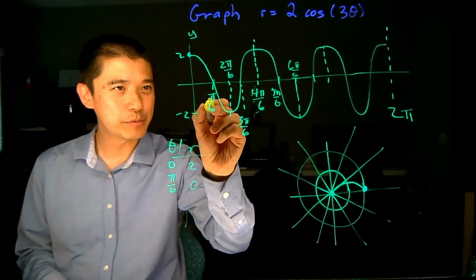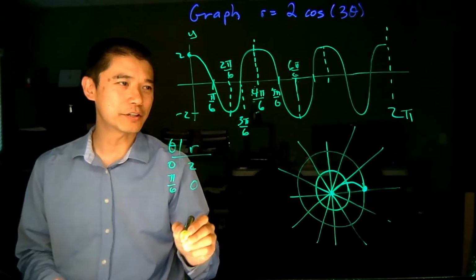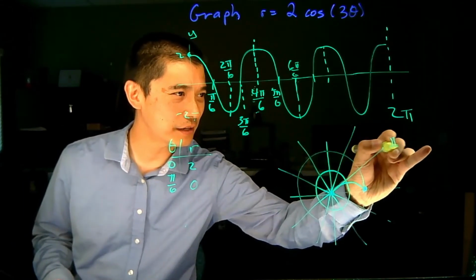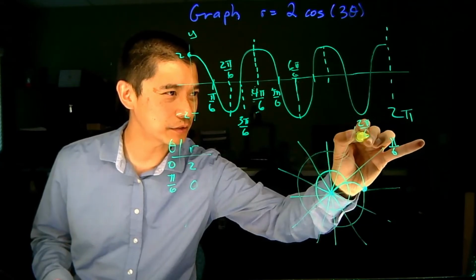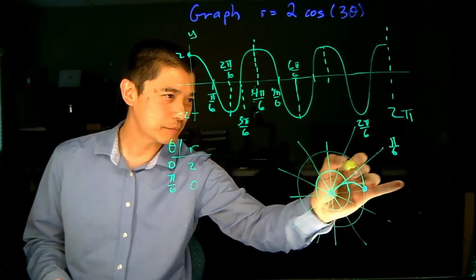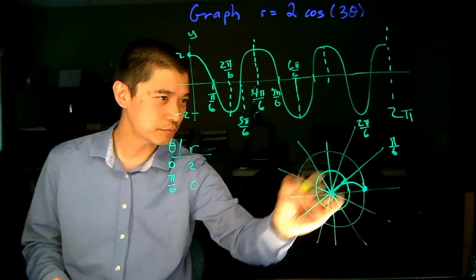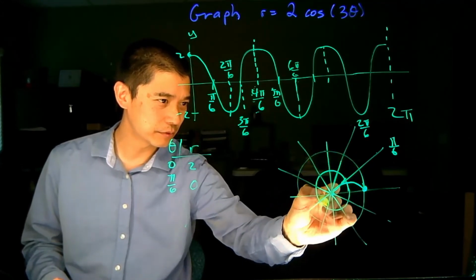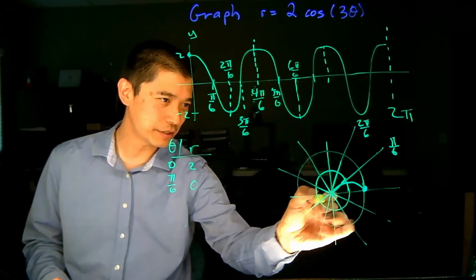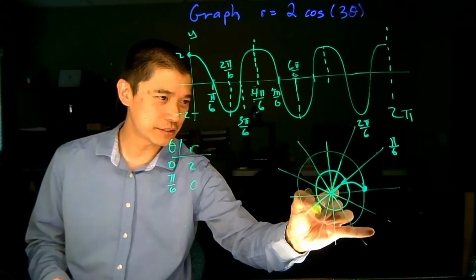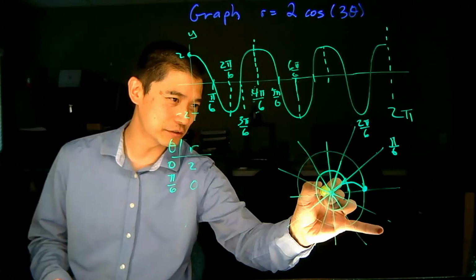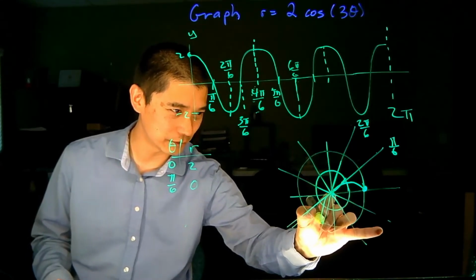What happens next? Well, between pi over 6 and 2 pi over 6, we're negative. So here is pi over 6, and here's 2 pi over 6. But we want to think about the negative direction. So if we extend this one through this way, extend that one through this way, we're going to be between here and here, and we're going out from radius 0 back to radius, well, negative 2, so out to the circle of radius 2 like this.